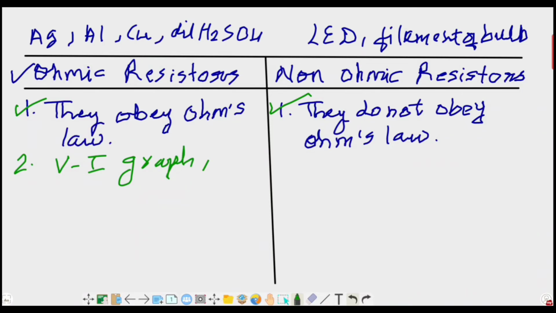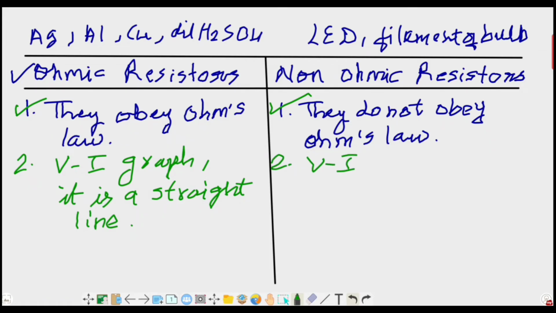So it is a straight graph. Straight line. But in the non-ohmic case, you won't get it. So the VI graph is not a straight line. Correct?